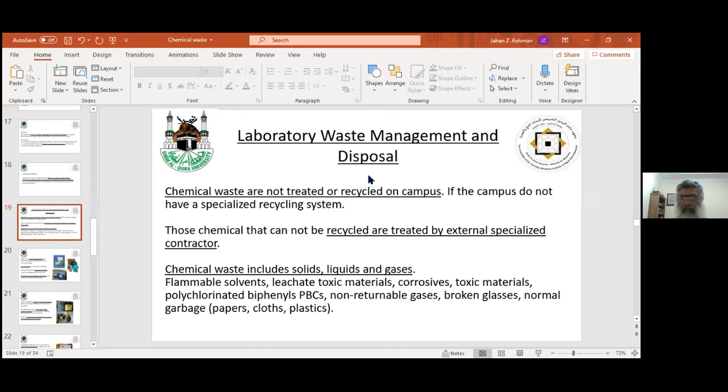Retreat or recycle means, for example, if my acid expires, can I get it back to the same concentration? For example, if it was 1 molar acid and after the expiry date it becomes 0.5 molar or 0.25 molar, can I get it back to the same concentration?